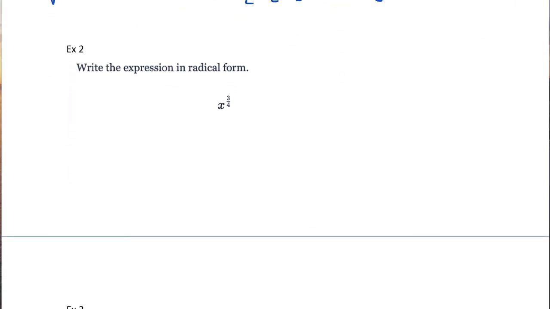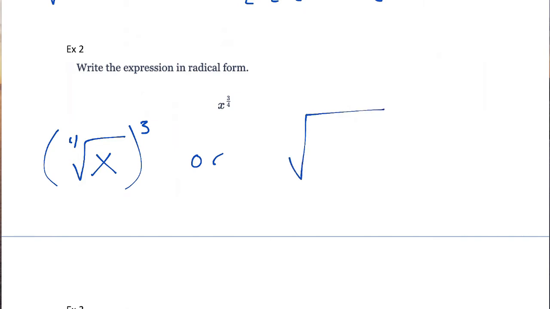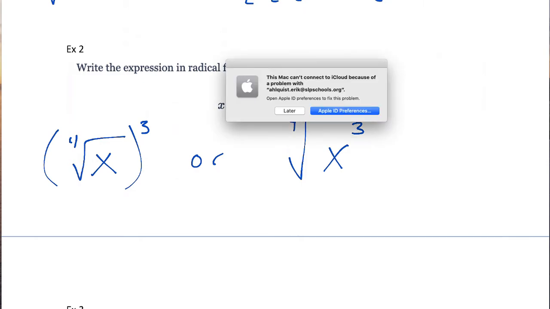If we write this next one in radical form, we could write it a couple of different ways. We could write the 4th root of x cubed, or the 4th root of x cubed that way. Either one is appropriate.